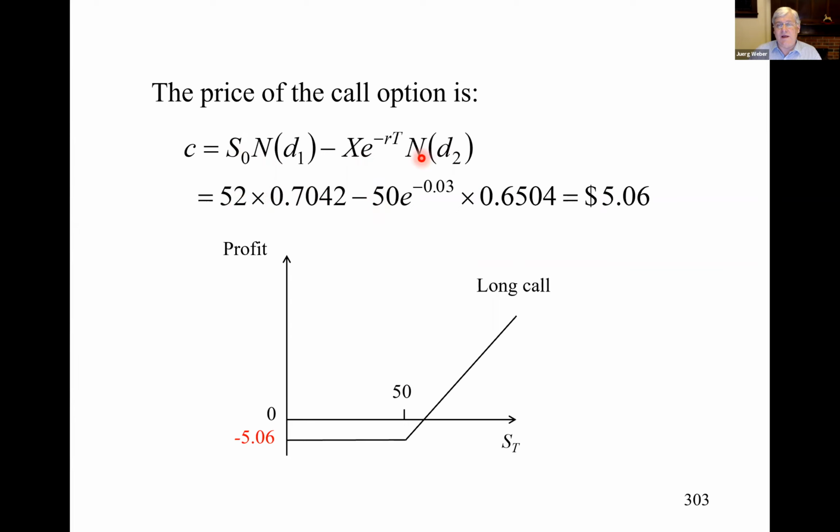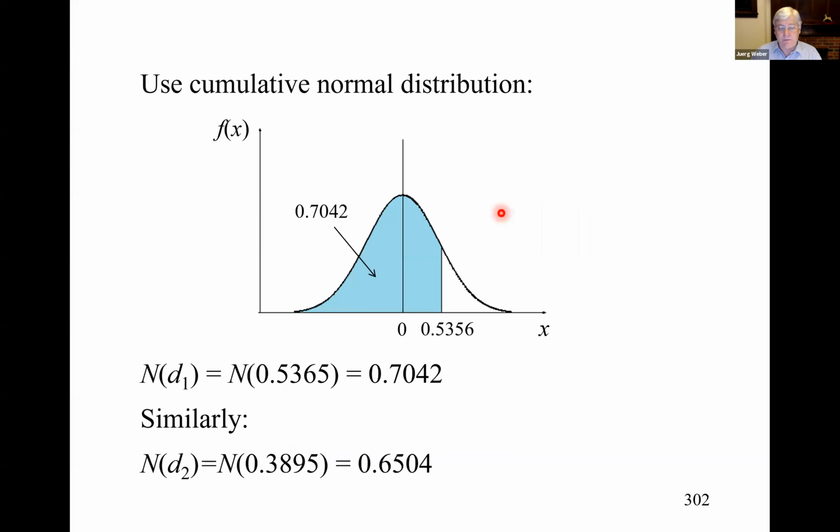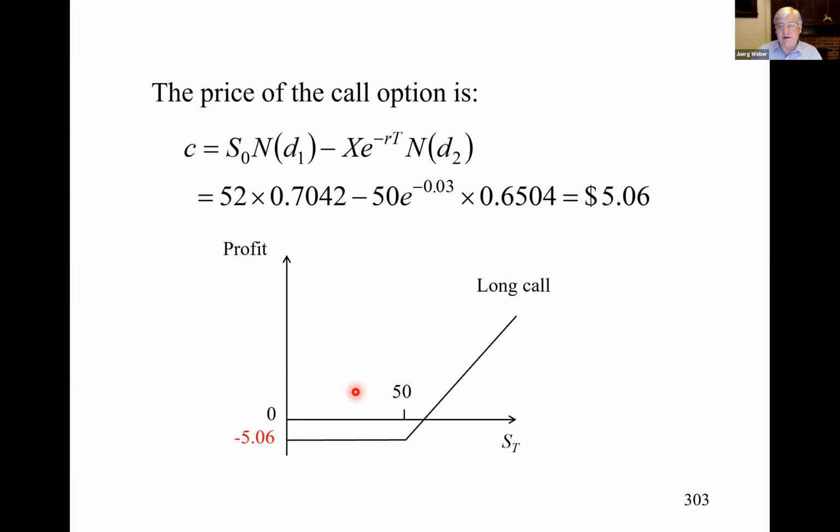Then N(D2) was 0.6504. You plug in everything and you get $5. So the value of that option is $5.06.